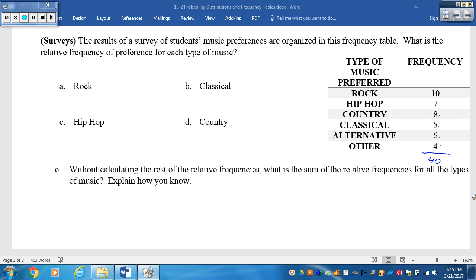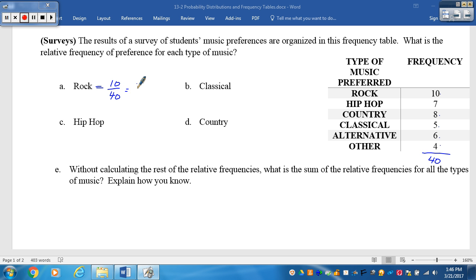Now, if we want to examine relative frequency for the preferences within this chart, and look specifically at rock, what's the probability of a student coming by, based on this survey, and choosing rock? It's going to be 10 out of the 40 possible.